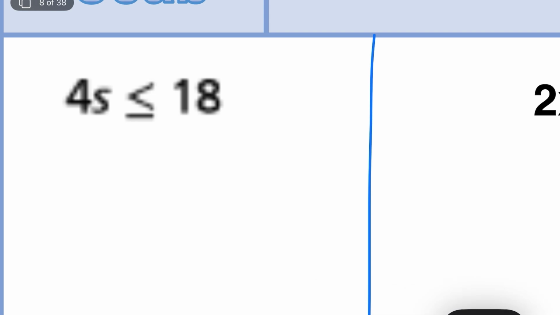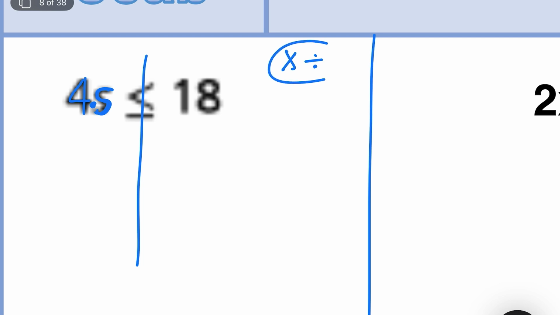So again, here we have an inequality with multiplication. How did I know? Because the number 4 is stuck to the variable s. And once we see it stuck to it, we know directly there's a hidden multiplication between them. Again, first of all, we have to draw the line that splits between the two sides. Again, to cancel multiplication, we use division. Okay? So I have to divide by 4 on both sides.